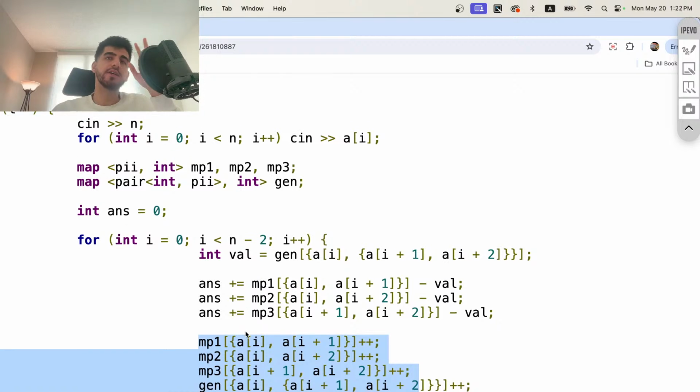You know, a pair is just two numbers, but a vector can have many numbers. Your compiler is saying that a vector is not hashable, and therefore, because map uses hash, you cannot have it as your first element. That's what it's saying. Okay. Right.